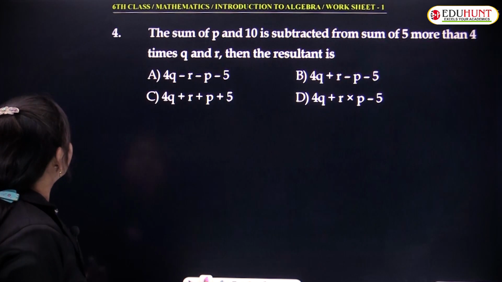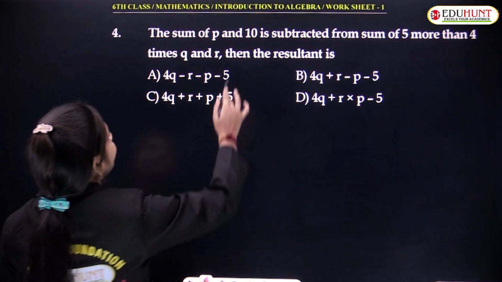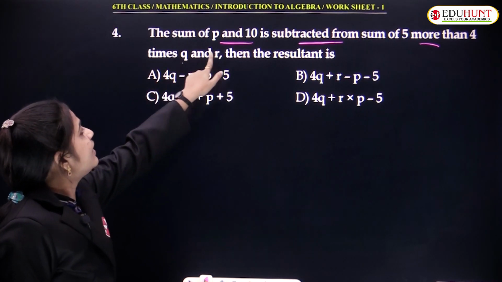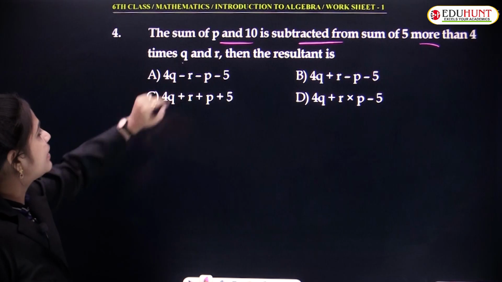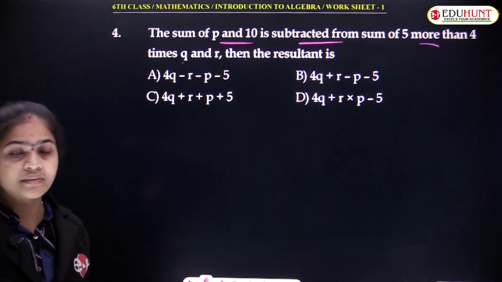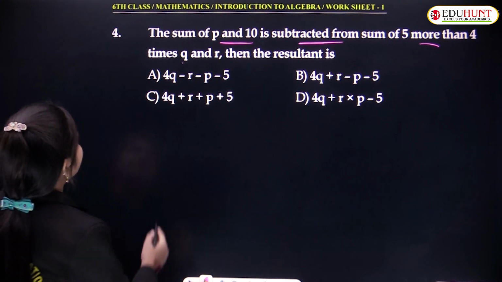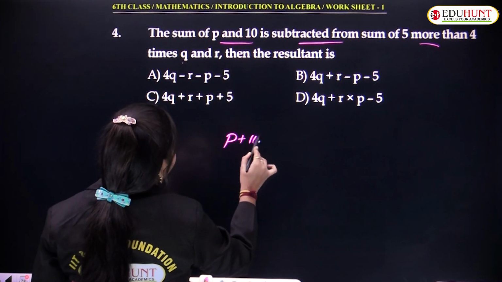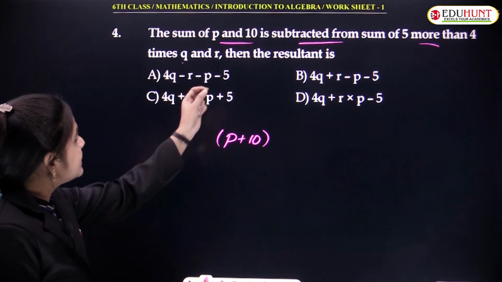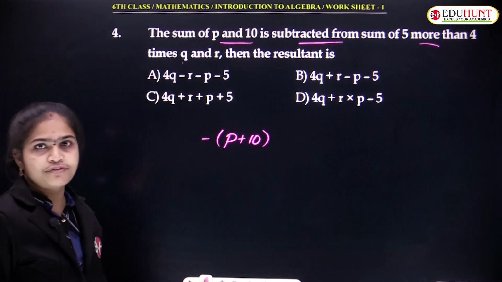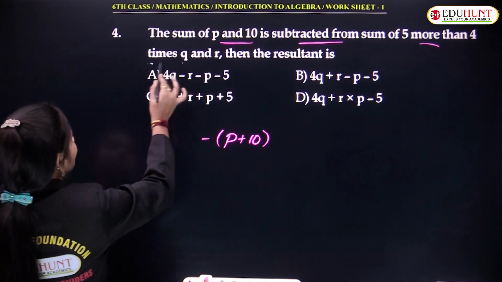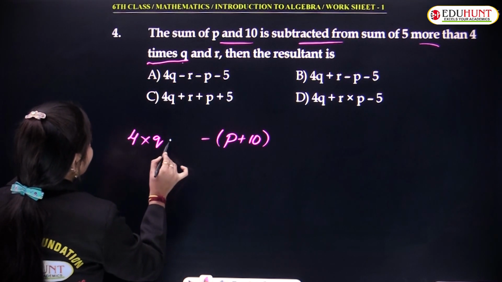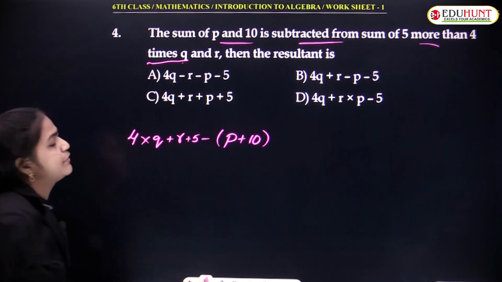Yes. Next, the fourth question says the sum of P and Q is subtracted from the sum of 5 more than 4 times of Q and R. Then the resultant is, the sum of P and 10 is subtracted from the sum of 5 more than 4 times Q, 4 times Q and R. To this, just add 5.